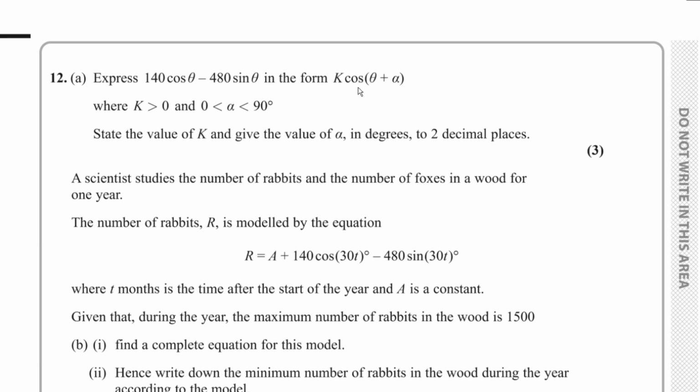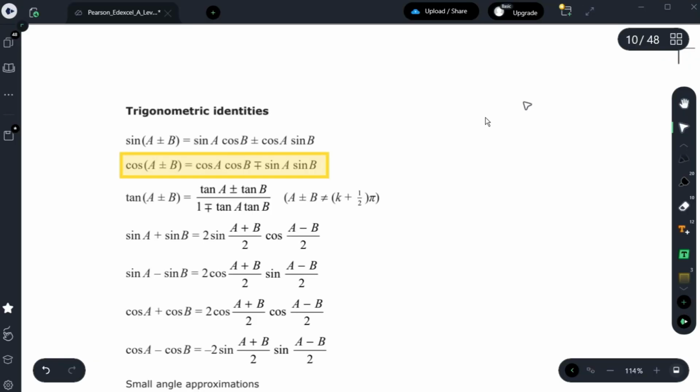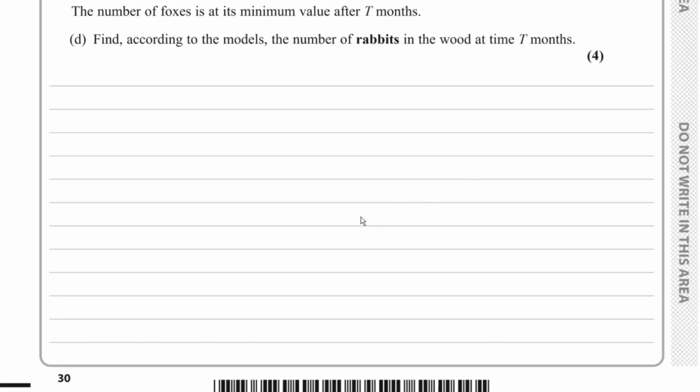Now, k cos of theta plus alpha is in the form k cos of a plus b, meaning we'd have to use the identity highlighted here. Cos of a plus b is equal to cos a cos b subtract sin a sin b. So, for part A, 140 cos theta subtract 480 sin theta will be equivalent to k cos theta cos alpha subtract k sin theta sin alpha.